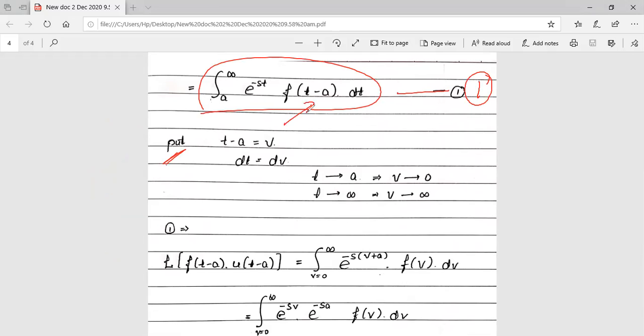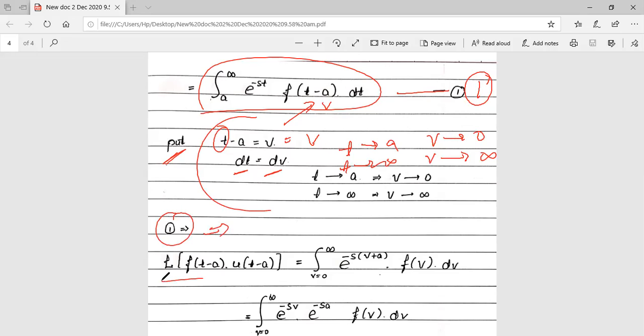That is, t minus a is equal to v, and differentiating with respect to t we get dt equals dv, and the limits are: t tends to a means v tends to 0, and t tends to infinity means v tends to infinity. These values we substitute in equation number 1.